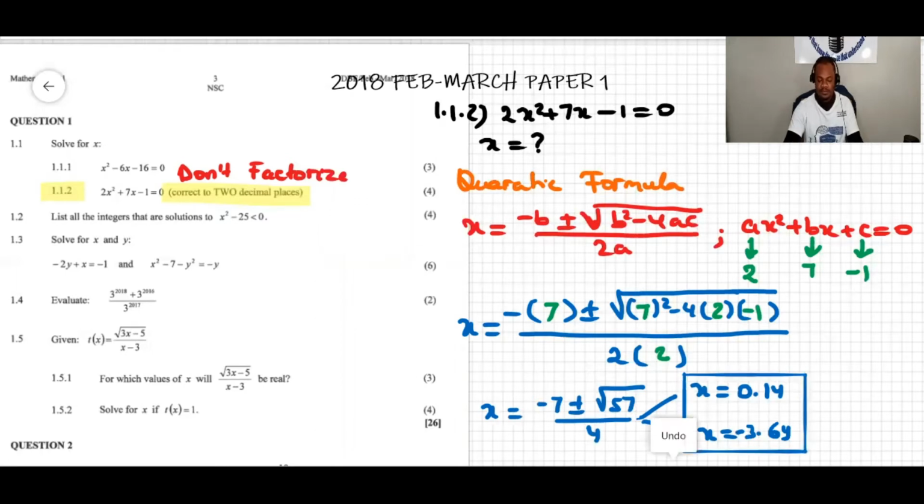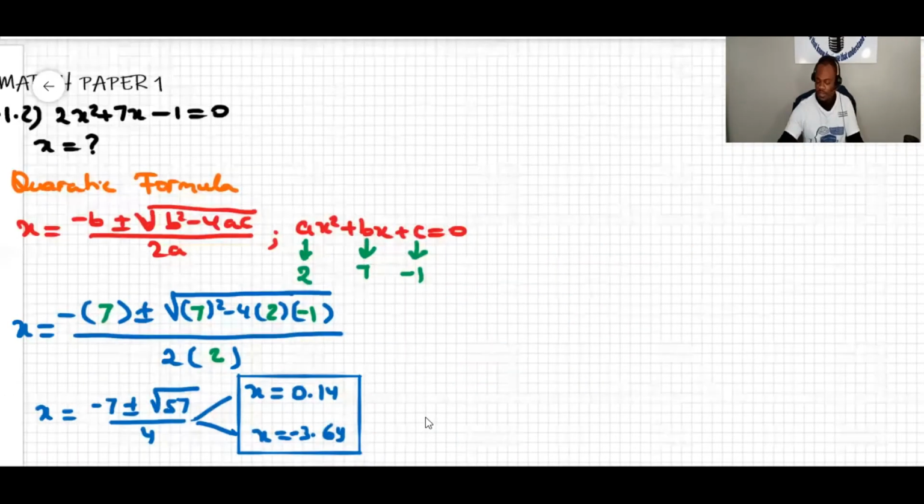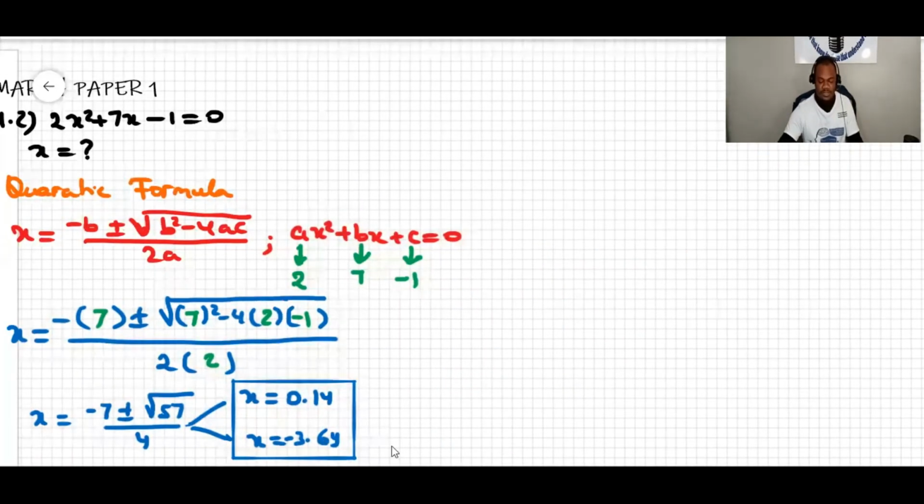It can also be solved by completing the square. We'll write here: by completing the square.